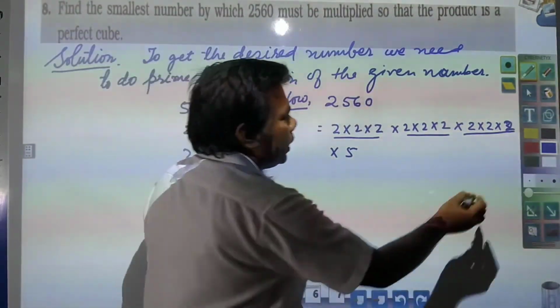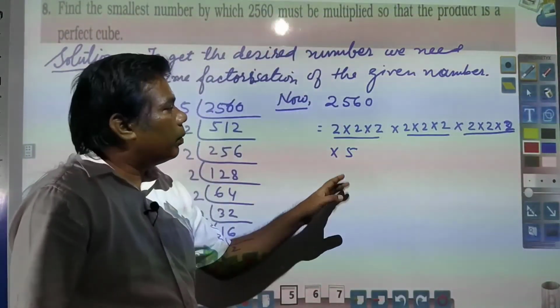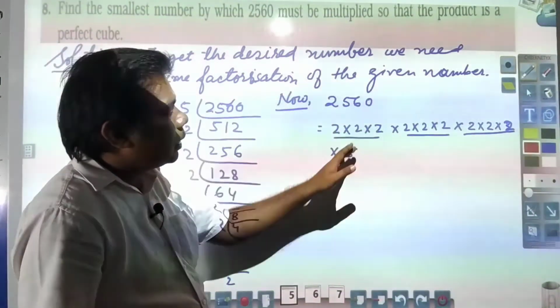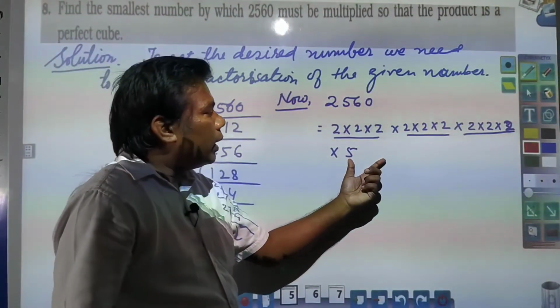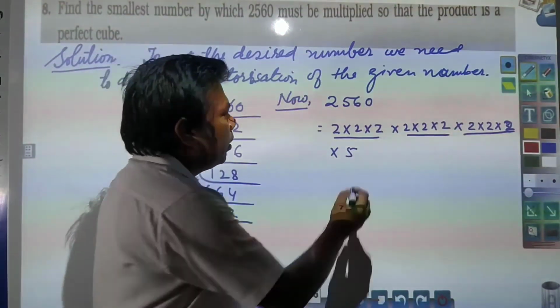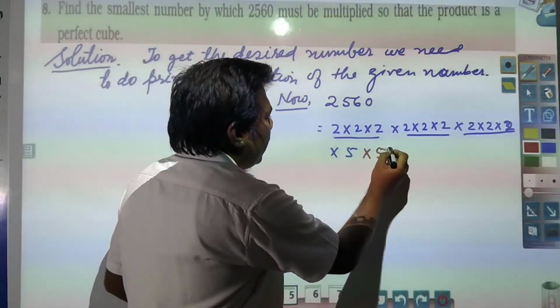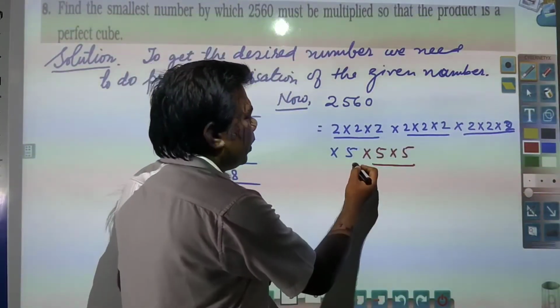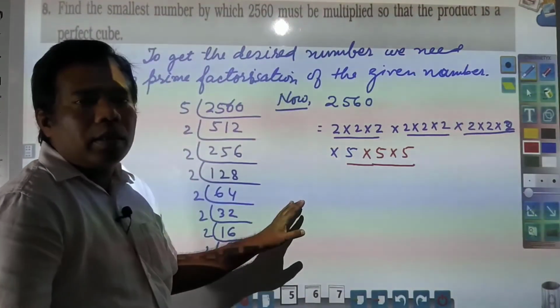Now we need to see what number is required to be multiplied with 2560 so that you will get another triplet of the factor 5. So we need to multiply by 25 so that it will become a triplet.